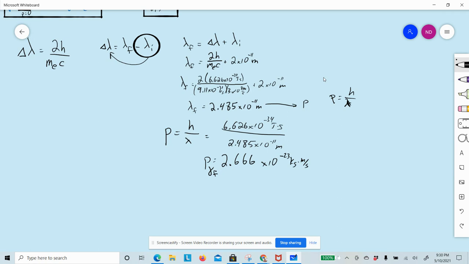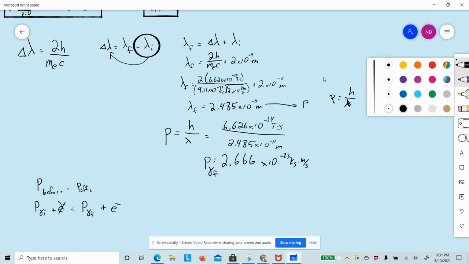So going back to the beginning, we have the momentum before equals the momentum after. The momentum before is just the momentum of the light incident. That was a 3.31. That plus the electron, which was 0, pretty much ignore that, equals the momentum of the bit of light after plus the momentum of the electron.